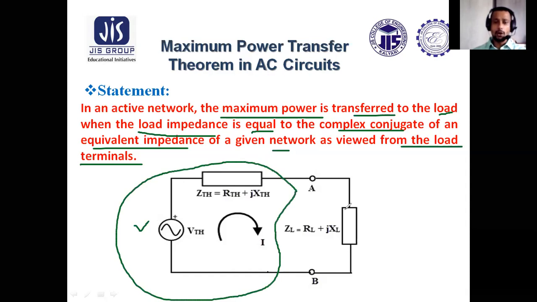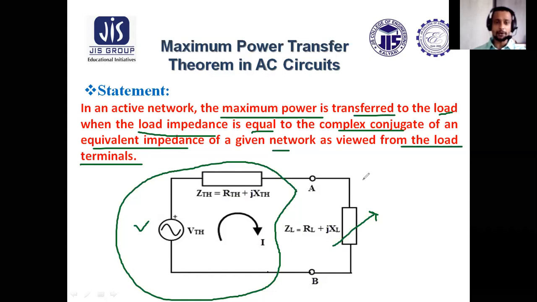This is the load impedance. You can vary the load impedance. By varying the load impedance, you will get some amount of power transferred from source to load side. Now, the maximum power transfer theorem says for which load impedance maximum power will be delivered to the load side.